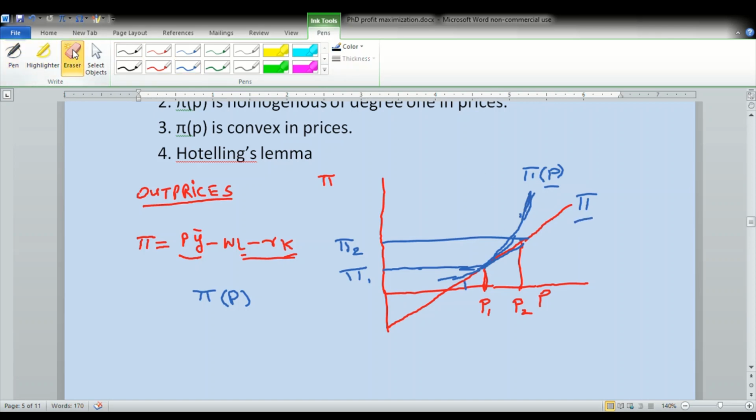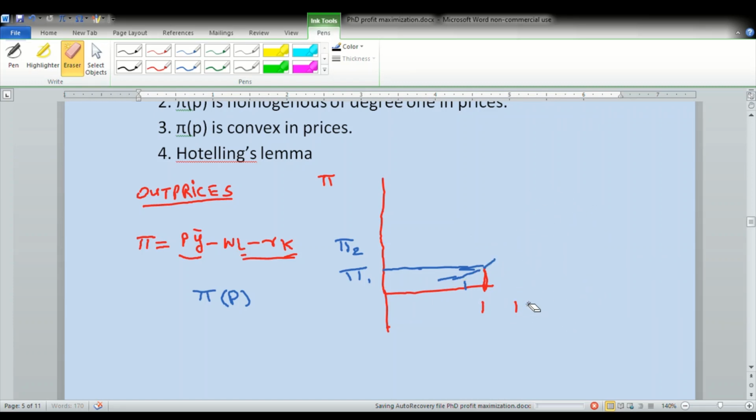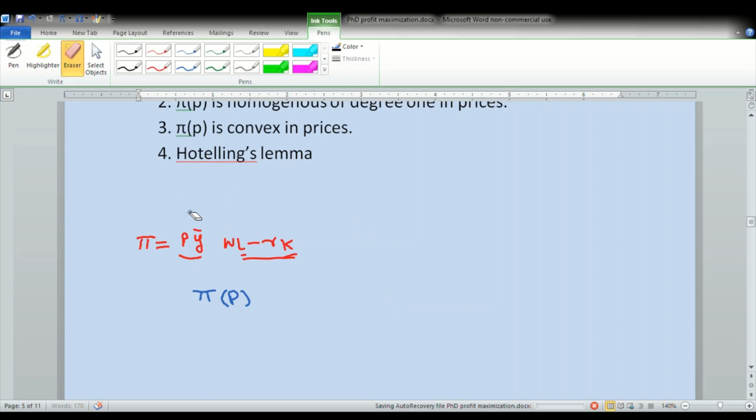Alright, let's now talk in terms of input prices. Let's clean this mess up. And this time, along the horizontal axis, we will rather be plotting the input prices rather than the output prices.